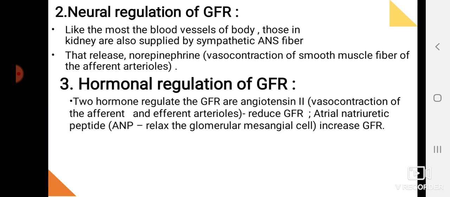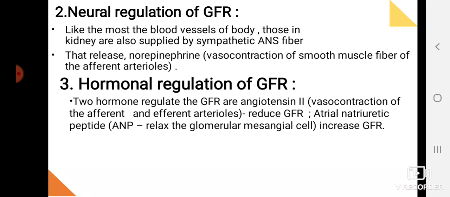So the sympathetic autonomic nervous system releases norepinephrine. As you know, norepinephrine causes vasoconstriction of the smooth muscle fiber of the afferent arteriole.